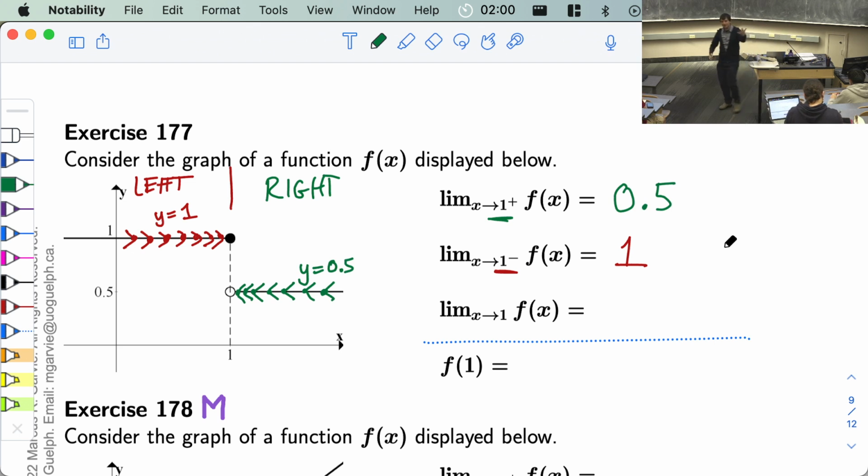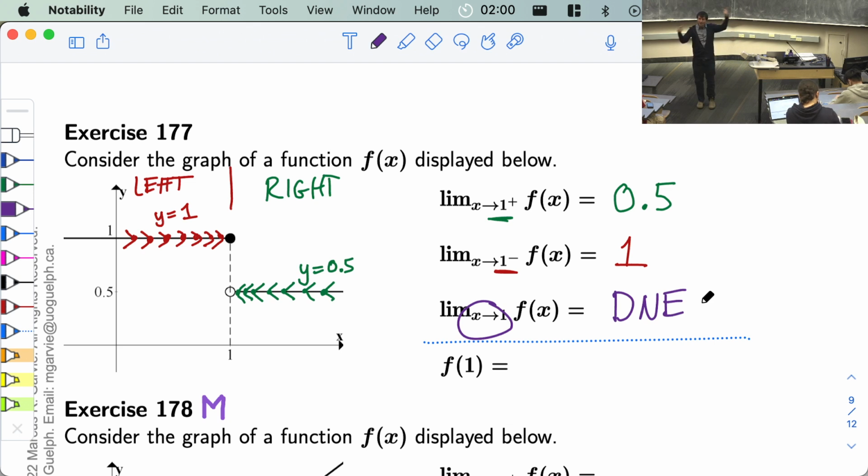So we did the left limit by looking at the picture, and we did the right limit by looking at the picture. Now we're going to do the two-sided limit, the limit with no adjective, just the limit, as x goes to 1. What is the limit? The limit does not exist. You could say it does not exist because the left and the right limit are not equal.